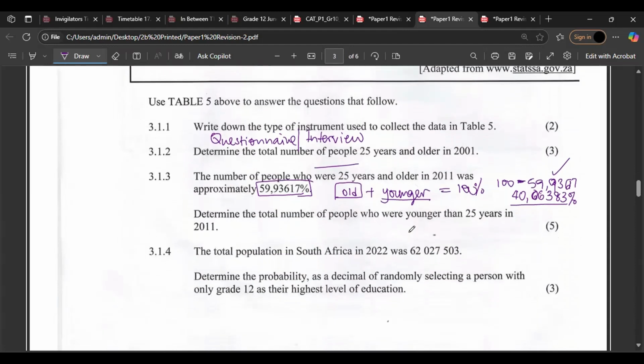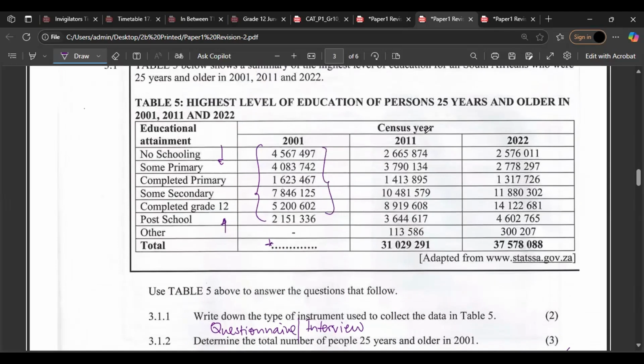So we had to find the original price before we look at the answer there. Because the numbers we have, these ones are for 25 years and older. The younger one is not given. So of the whole population, this is 59, they told us.